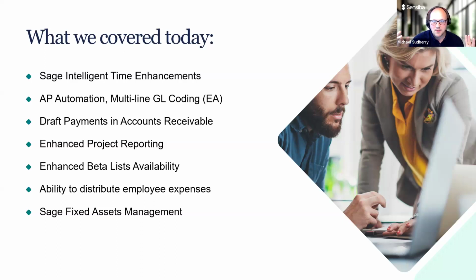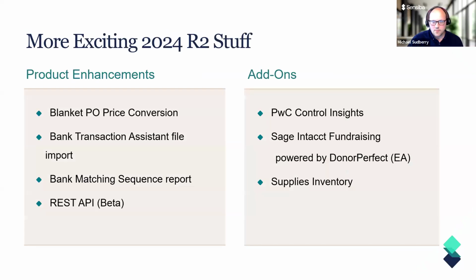Almost everywhere in the system, you're going to get a beta list. The ability to distribute those employee expenses through allocations at the time of entry, and then also the Sage Fixed Asset Management. And we're calling that SFAM for short because it's the closest thing to branding we could come up with. You're in the Sage fam, SFAM. Okay, I'll stop. That's really nerdy of me.